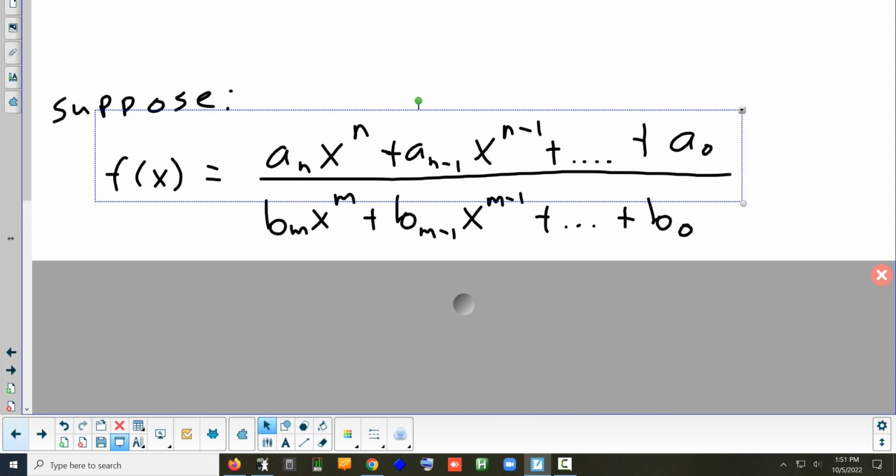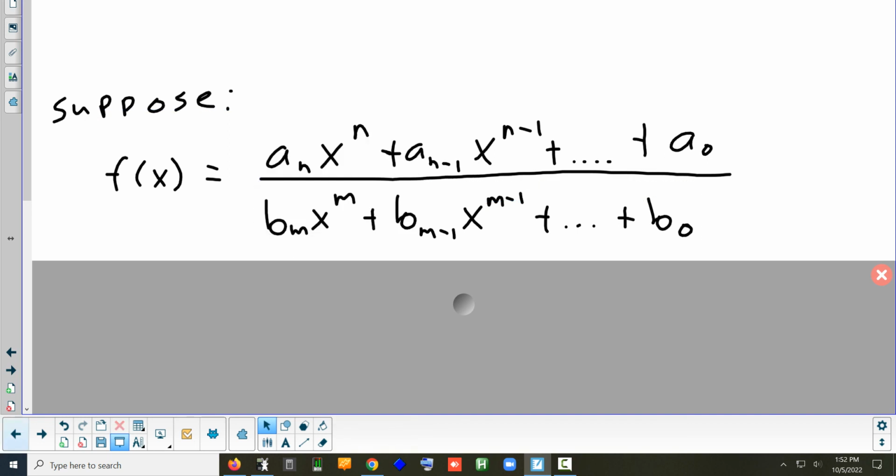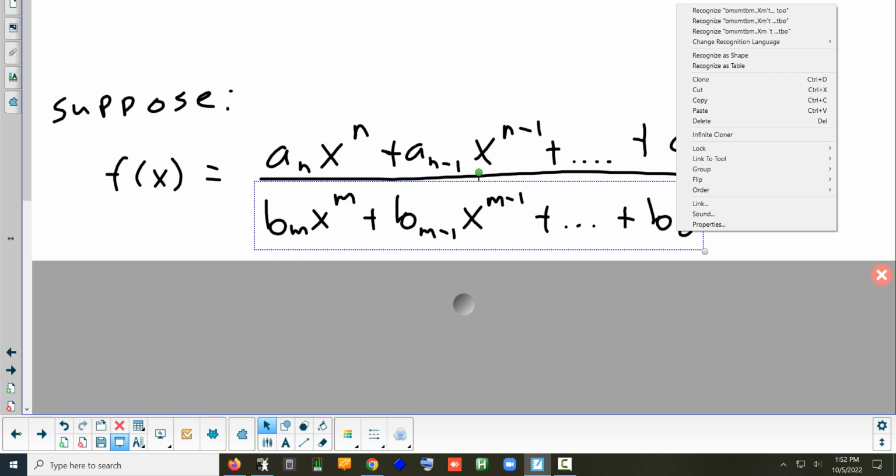The next one will go down 1, then down 1 again, until finally the last number is just a constant without any letter. The x is gone. The same thing for the one in the bottom: it starts with the highest exponent, then the exponent keeps dropping down 1, until finally you end up with just a constant.